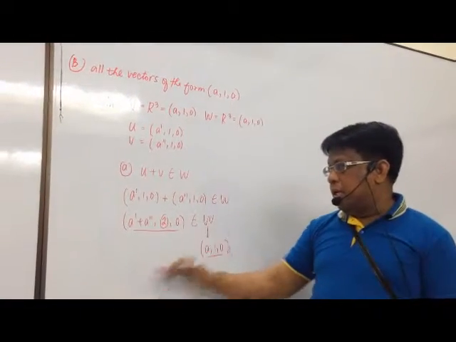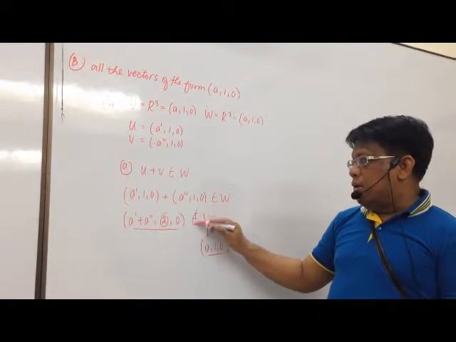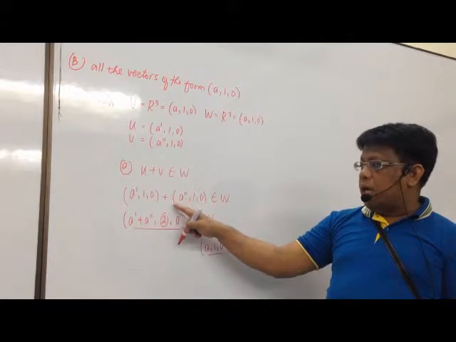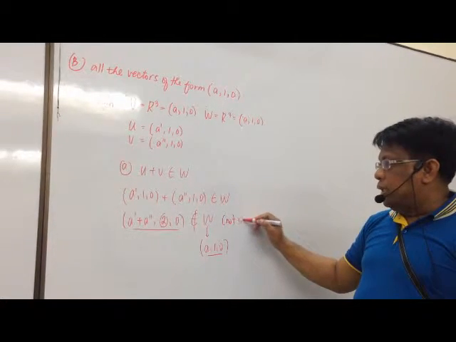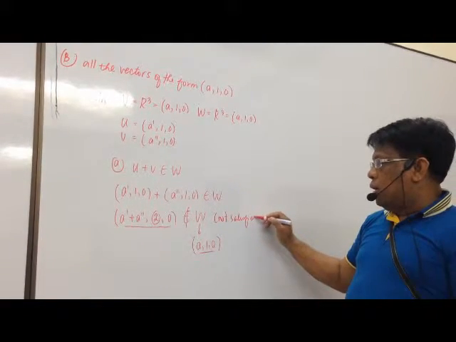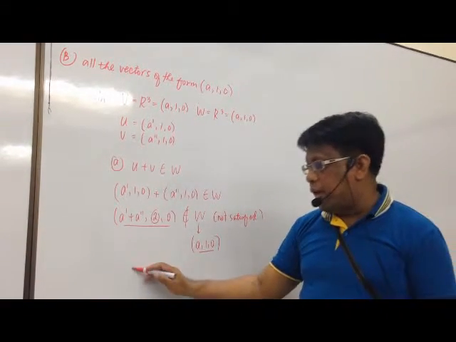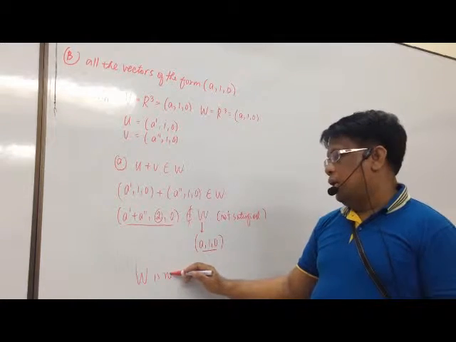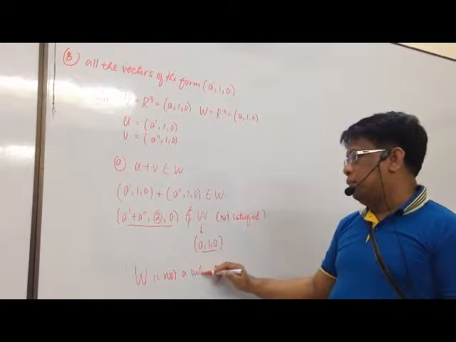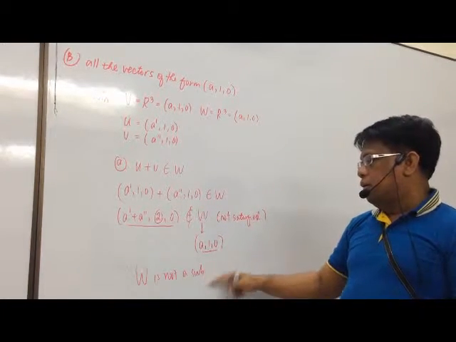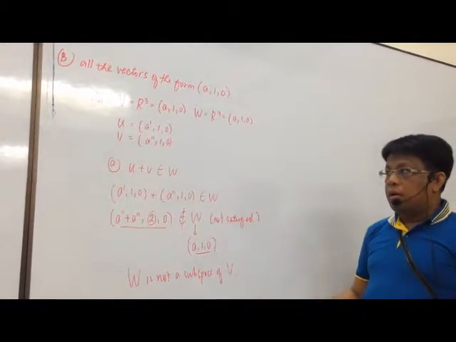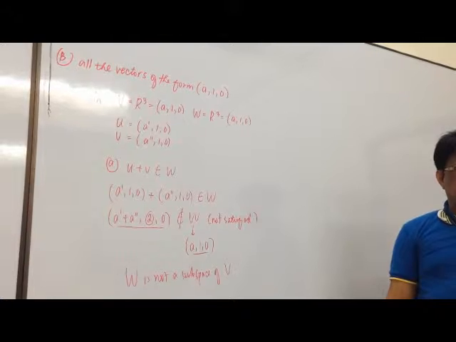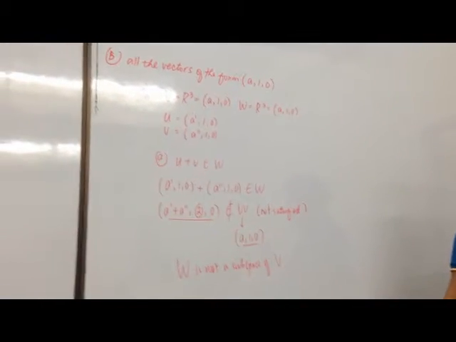So we can see now that it is not satisfied. It is not an element. The resulting sum is not an element in your W, so it is not satisfied. So we can say now that W is not a subspace of V. Okay? Follow, class? Any questions?